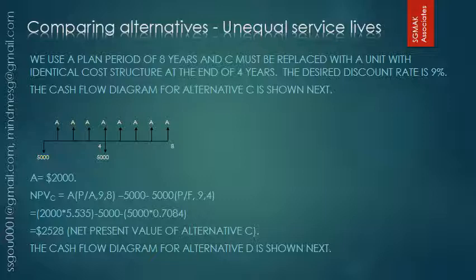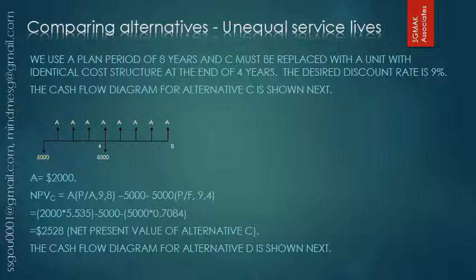The cash flow diagram, as you can see next, for the 8-year plan period, shows alternative C being replaced with an identical alternative at the end of 4 years, and that repeats for another cycle. So if you take this cash flow and convert it to net present value, we have the present value of all benefits, which is A times P over A, 9% and 8 years. A is the uniform annual benefit, minus the first cost for the first one, $5,000 now, minus a future cost of $5,000 at the end of 4 years.